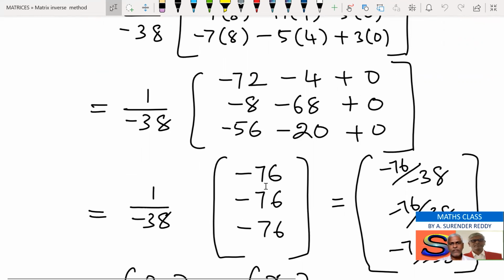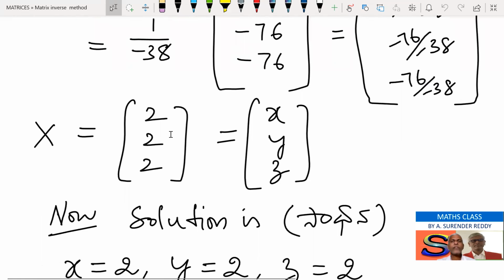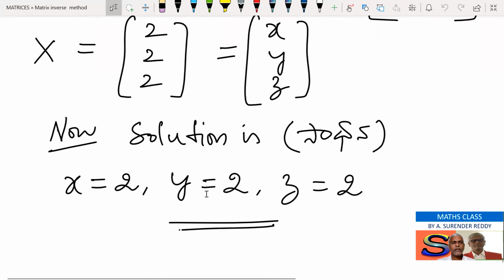You divide all the three numbers by minus 38. So the minus will get cancelled, and 38 twos are 76. So dividing, we get 2, 2, 2. So this is the solution, the variable matrix X, Y, Z. So the X value is 2, Y value is 2, Z value is 2.